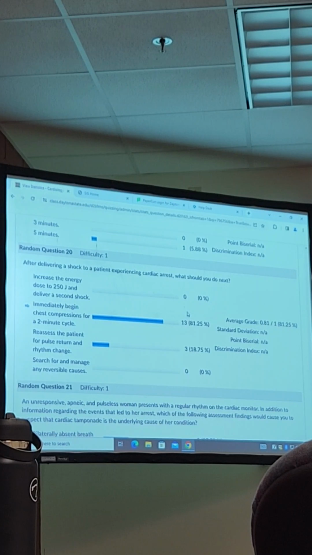At the end of the 2-minute cycle, last cycle, 28, 29, 30. Oh, that looks normal. Check for a pulse. Doesn't look normal? We're right back on compressions, or we're charging the defibrillator and doing compressions. But no, we don't check after the shock. We check after the 2 minutes.